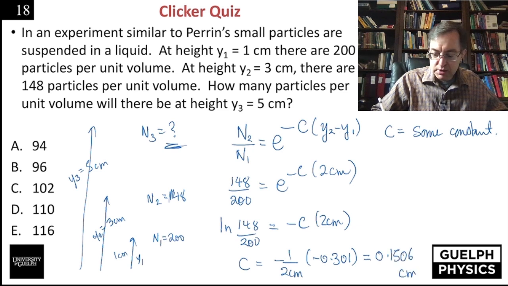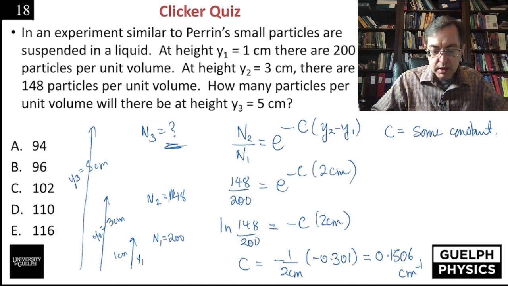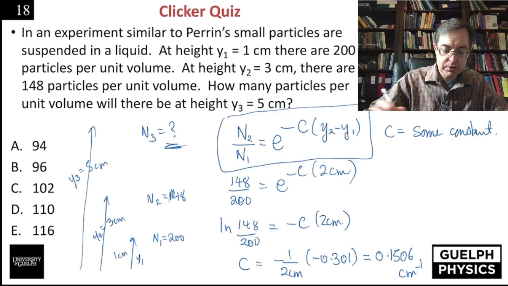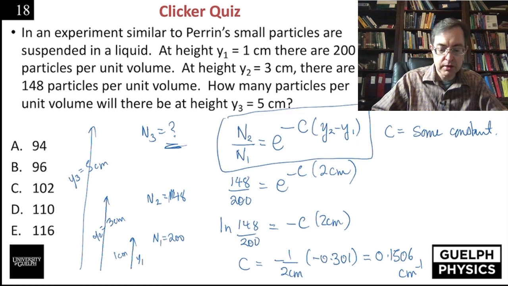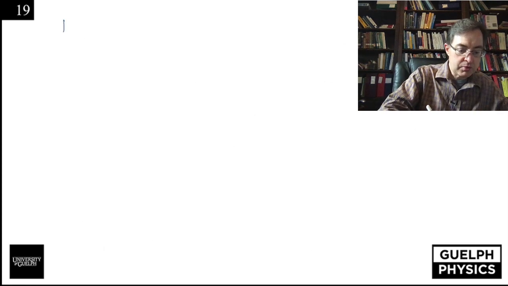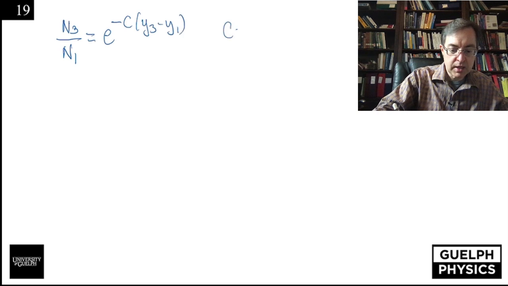And so c works out to be 0.1506 inverse centimeters. Once I have that, I can use this formula to solve the more general problem. N3 divided by N1 is e to the minus c times (y3 minus y1), where c is now 0.1506 inverse centimeters.